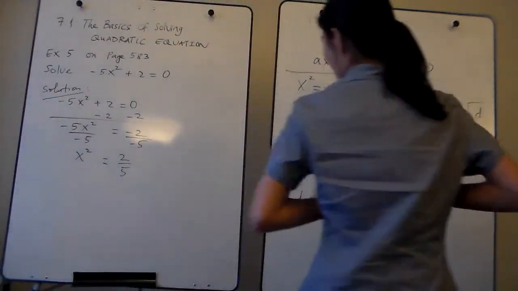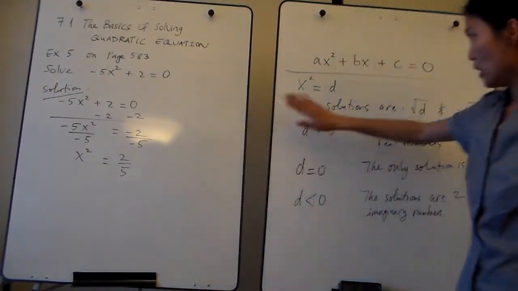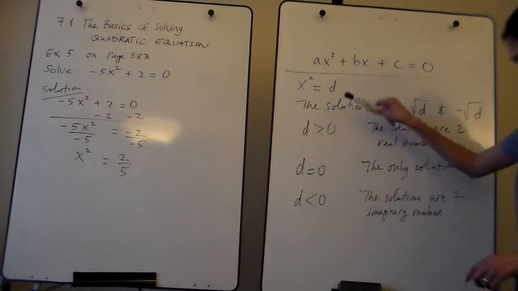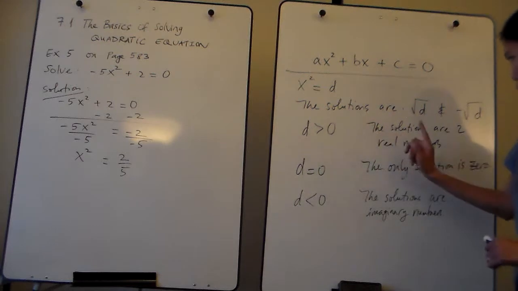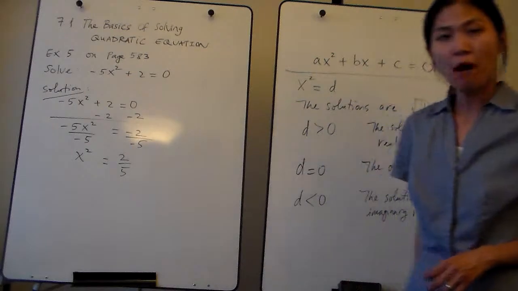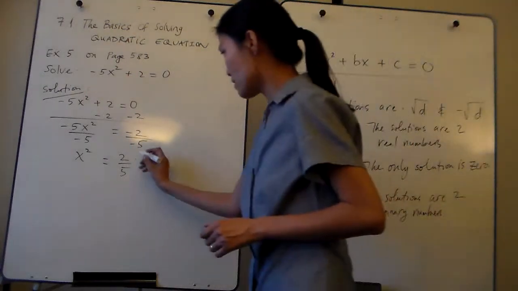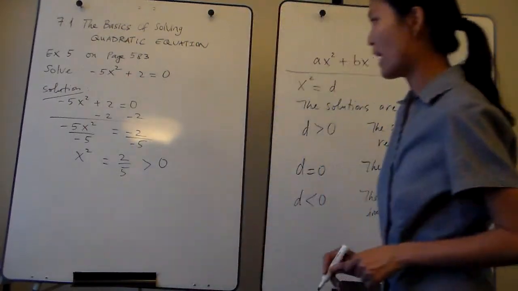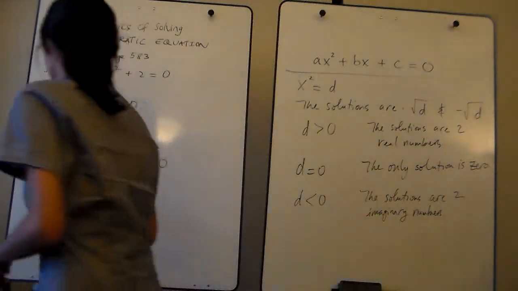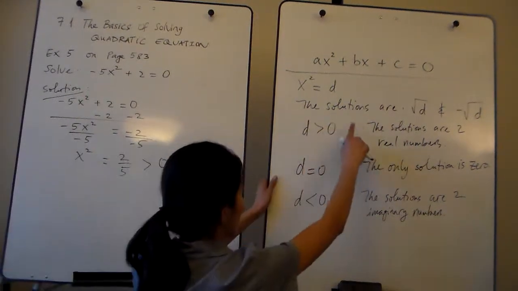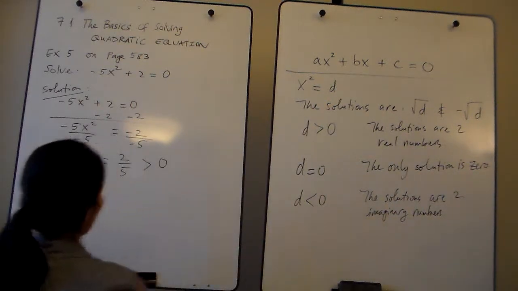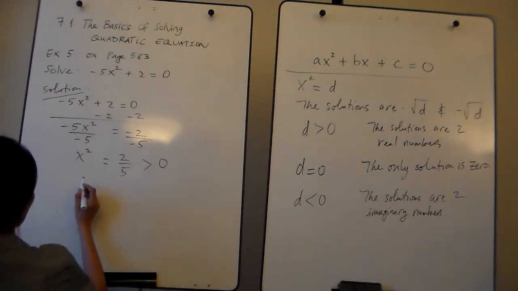I hope you see that what I have here looks similar to this, where d is some constant. Now, the rule says if d is positive, the solutions are two real numbers. In this case d is 2 over 5, which is positive. So there will be two real number solutions, square root of d and negative square root of d.